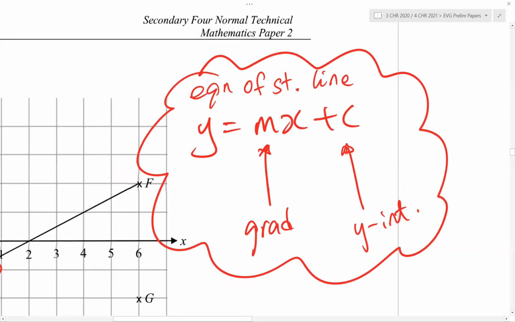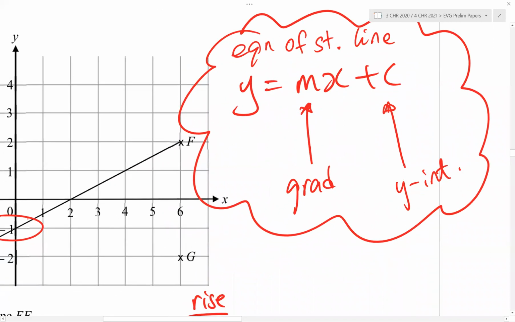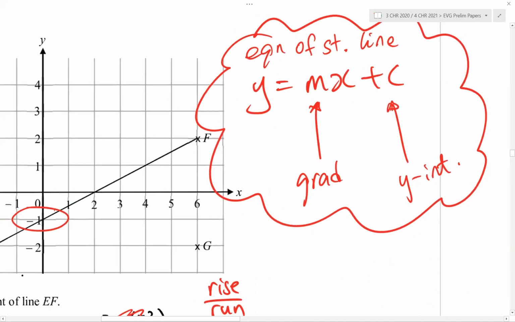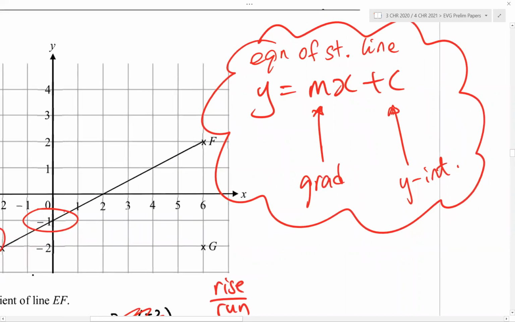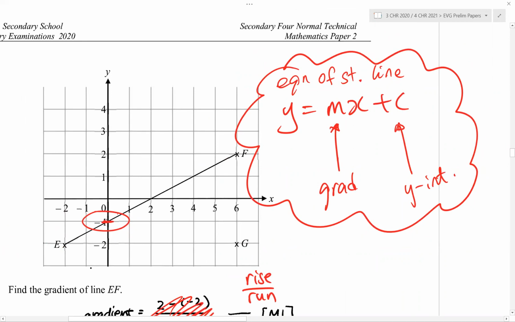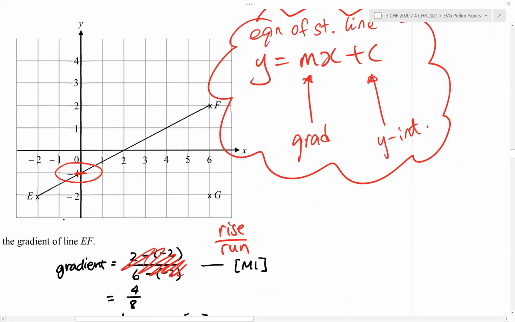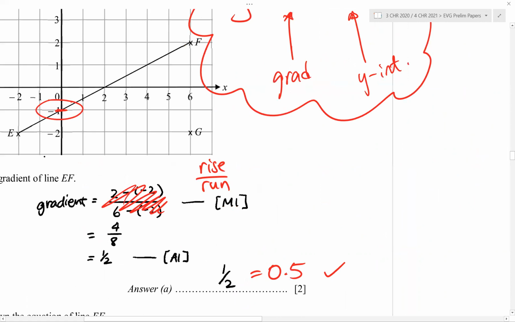So we already have the gradient. The gradient we found it was half. Now for the intercept. You see the straight line cutting here. It cuts at -1. So the y-intercept is -1. And that's how we end up with y equals to half x minus 1.